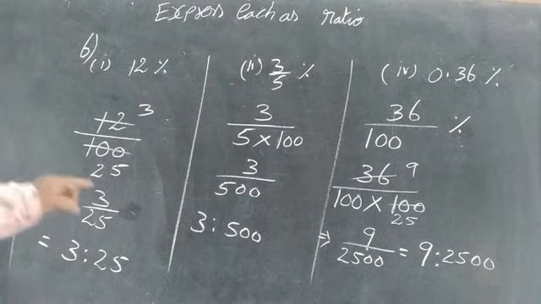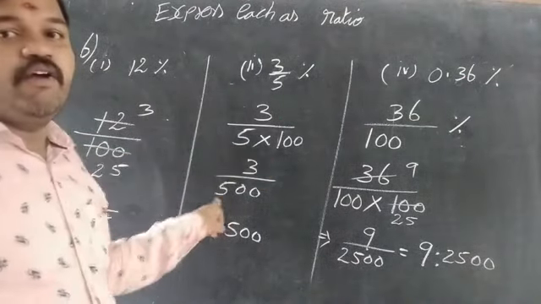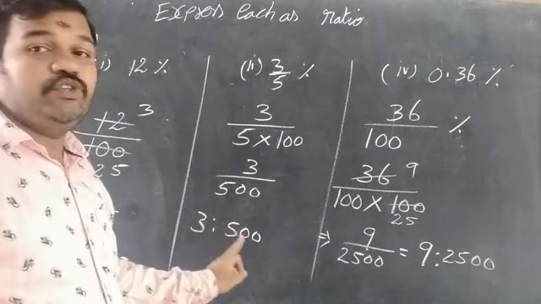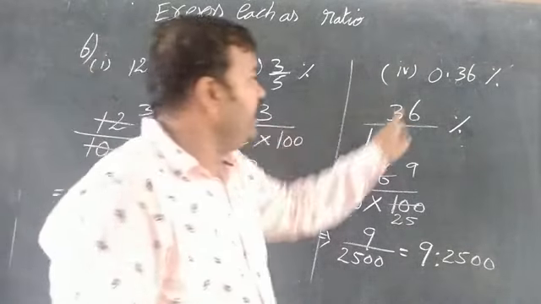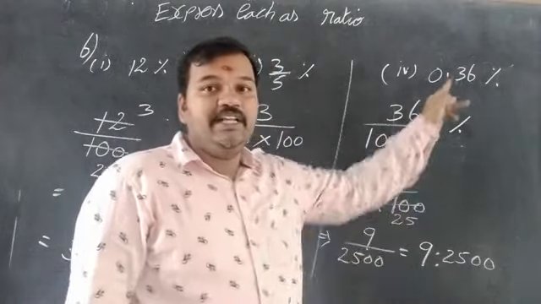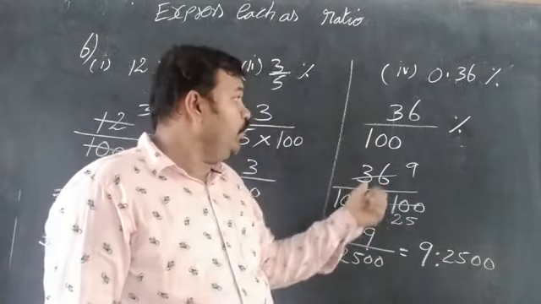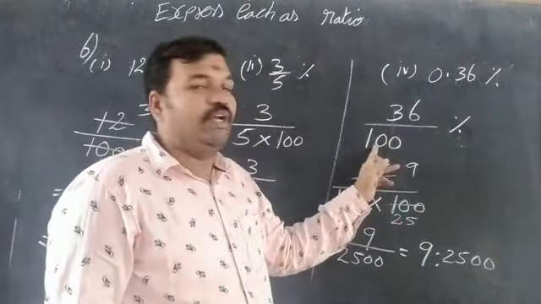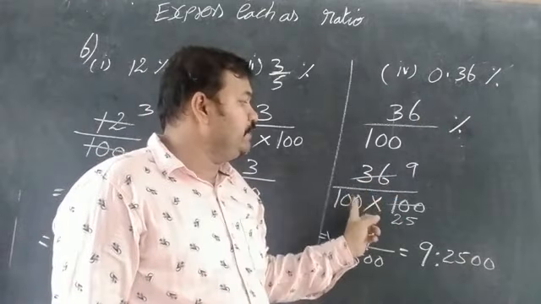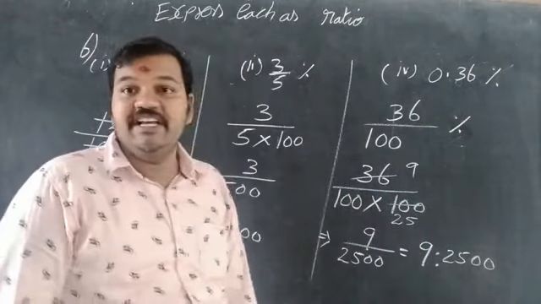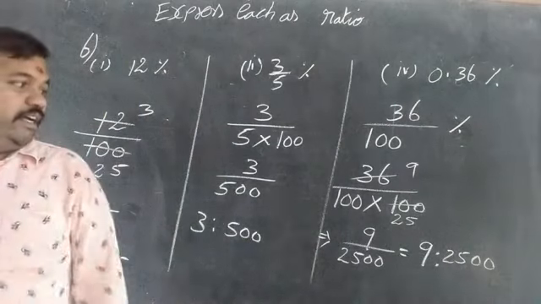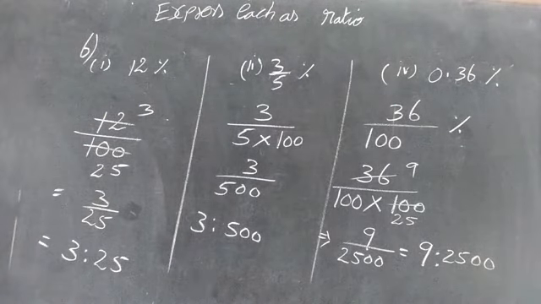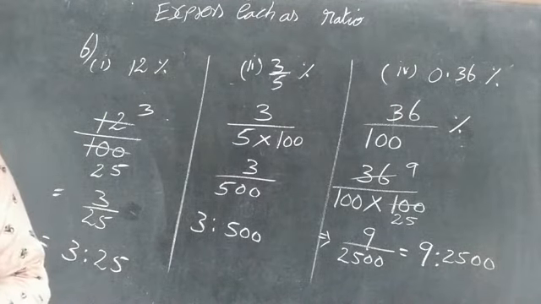So writing in the form of denominator, 5 into 100 is 500, 3 is to 500. Here 36 by 100, the point changes as 1, and these 2 zeros are for the 2 digits. 36 by 100 into percentage 100, cancellation is 9 by 25 into 100, 2500. Making the decimal point into fraction form, 9 is to 2500.